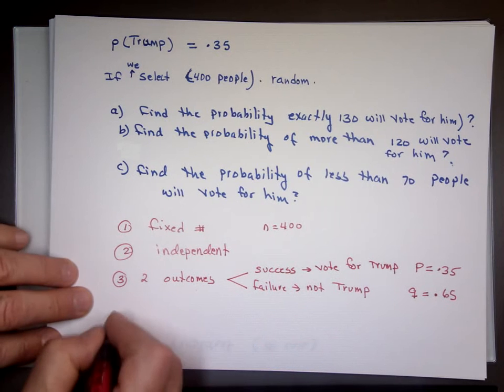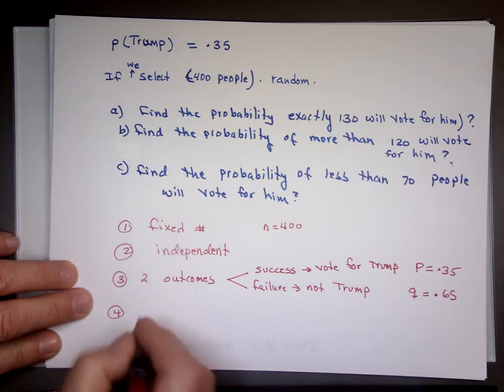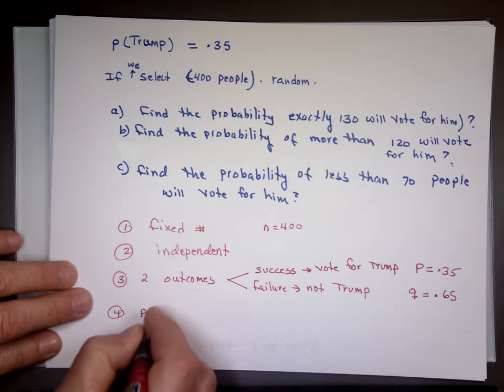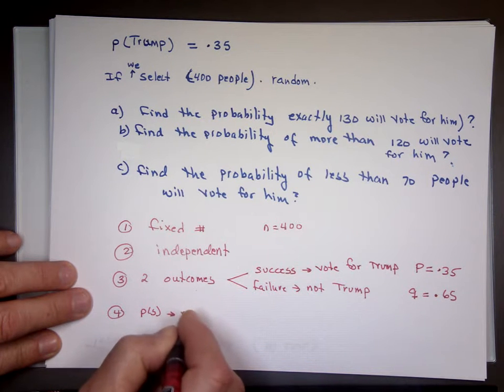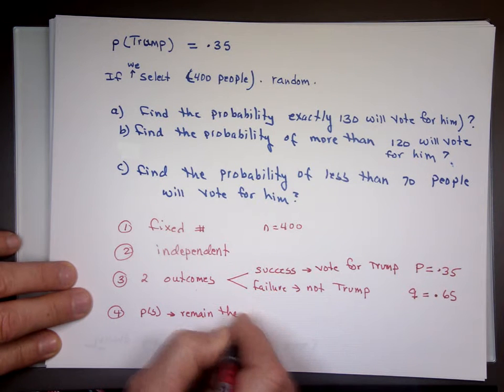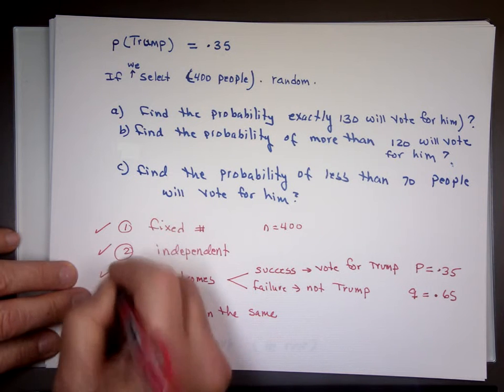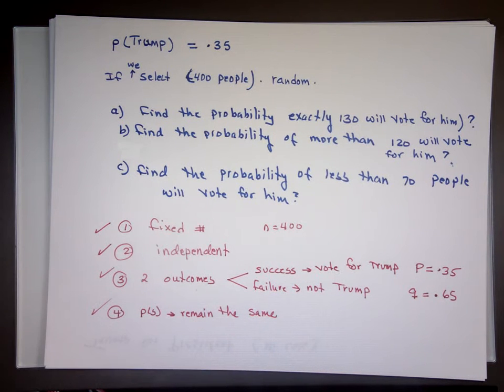And criteria number 4 for binomial, the probability of success must remain the same. So yes, yes, yes, and yes. It looks like we did satisfy the conditions for binomial.